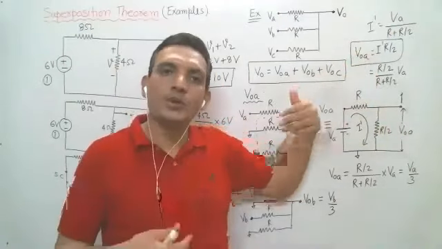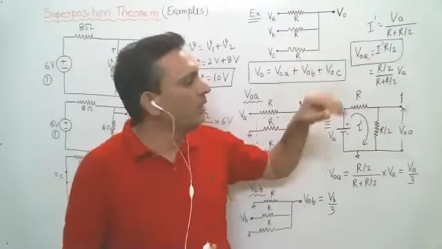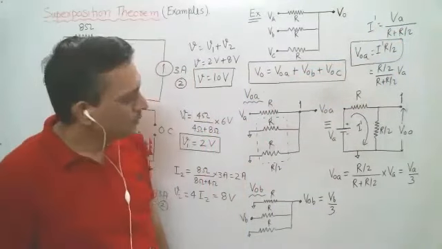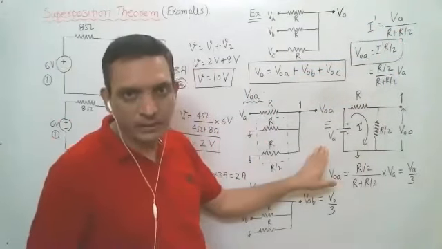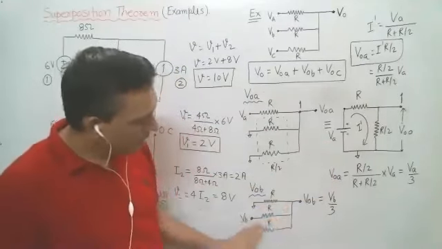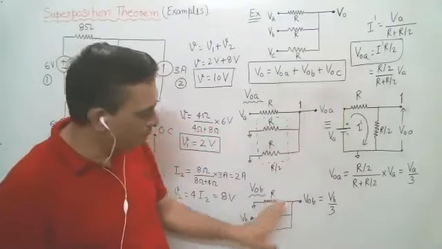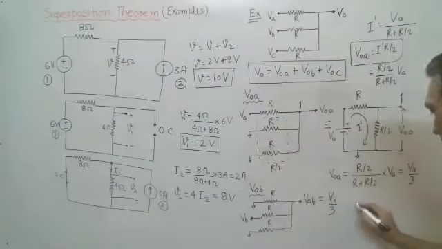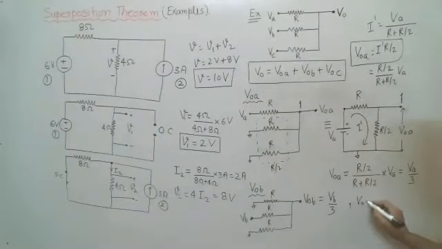Otherwise, each time you have to apply KVL, find the current, and then get the voltage drop. I think this is clear. If you know V0A, similarly you can find V0B, and then you will get V0C.